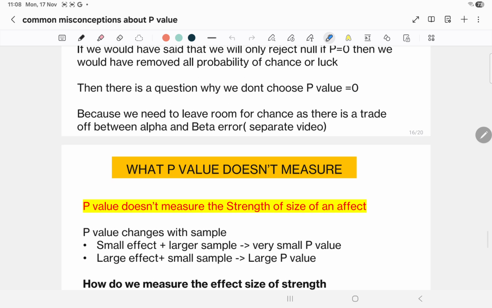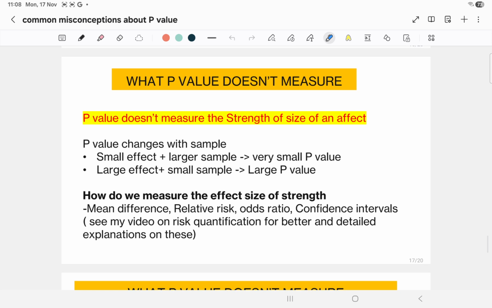P-value doesn't measure the strength or size of an effect. So it means that if we get a very small p-value and we have a large sample, then a small effect can give us a very small p-value. So let me say that again.